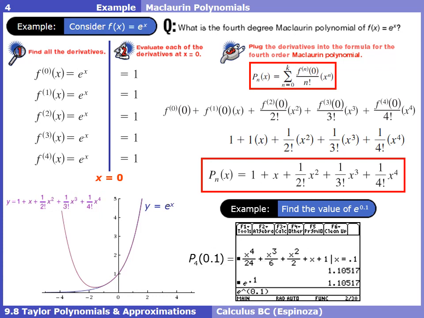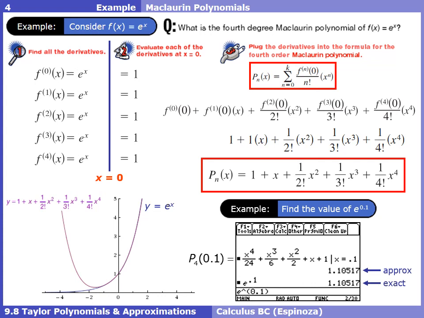And what it turns out is that we get a value of 1.10517. So that's our approximation. So how good of a job does this Maclaurin polynomial do? Well, if we take the calculator and let it do e to the 0.1 exactly, it turns out to be the same exact value to those 5 decimal places.